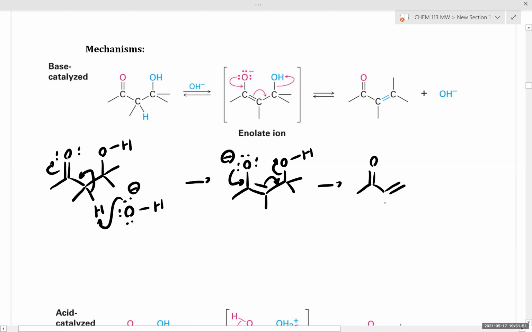This is favored because we are generating a very stable carbon-carbon bond. We're reforming our carbonyl, and the loss of hydroxide is favored via entropy as well. So this is the textbook E1CB elimination mechanism. We generate our enolate, and then we lose our leaving group, which is hydroxide. Does this mechanism for base catalyzed dehydration make sense to everyone?